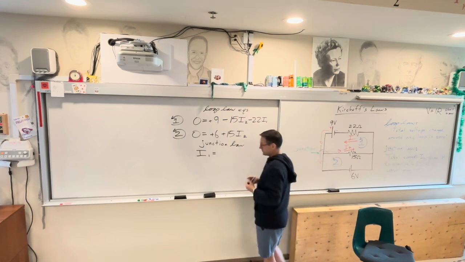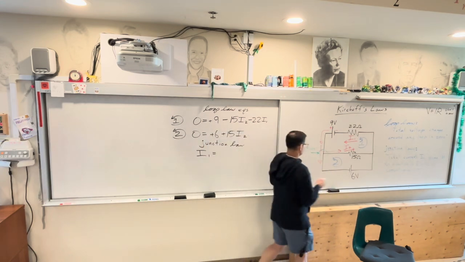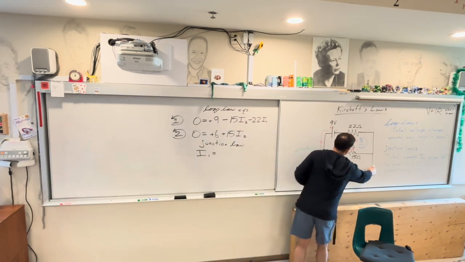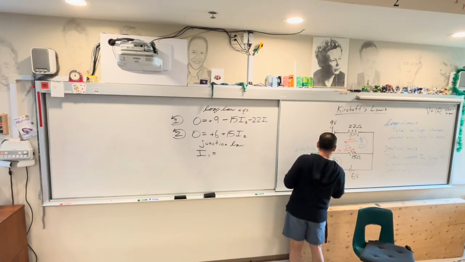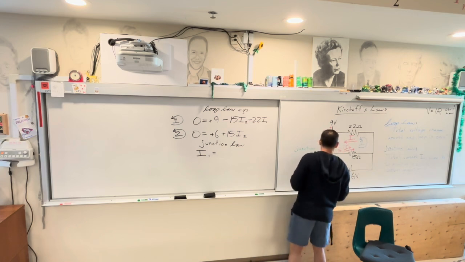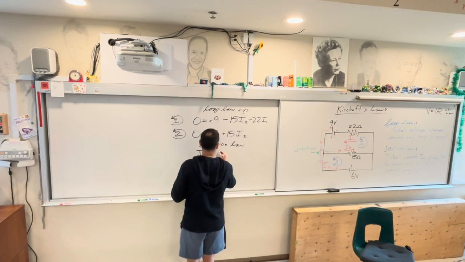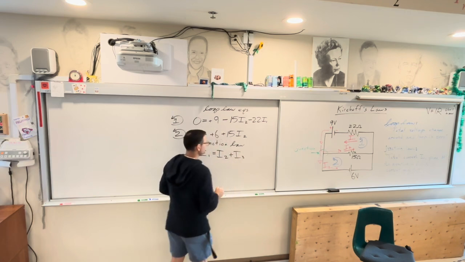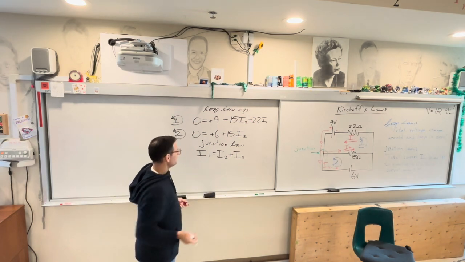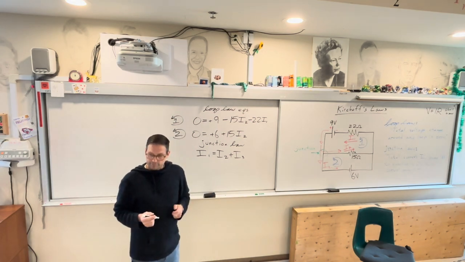We have to say that this current in this bottom loop is going to be I3, so I'll write it here. So we have to have I2 plus I3. We could do the other junction too, but it's going to be the same equation, right?